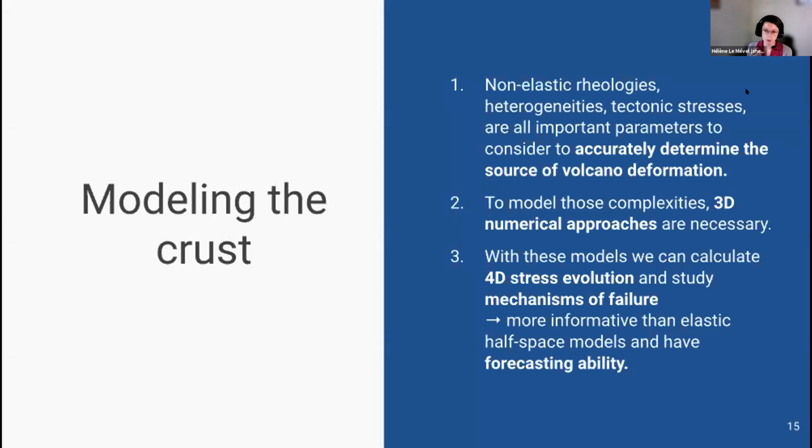And then using these models, we can calculate the 4D stress evolution in the rocks surrounding the magma chamber and study mechanisms of failure. So this is more informative than the elastic half-space models, and these results can actually help forecasting future eruptions.